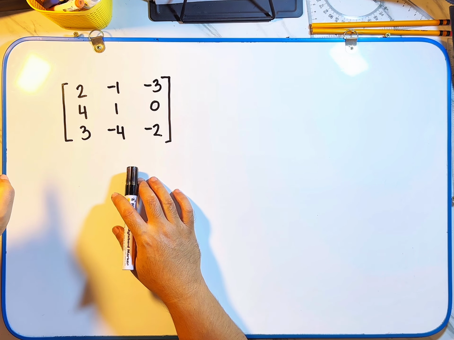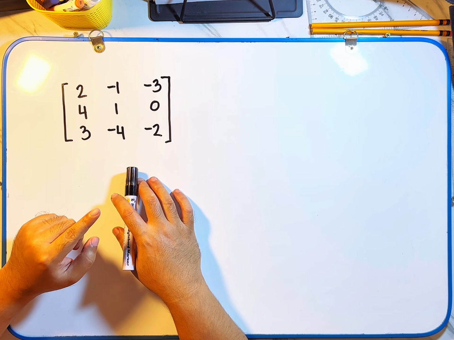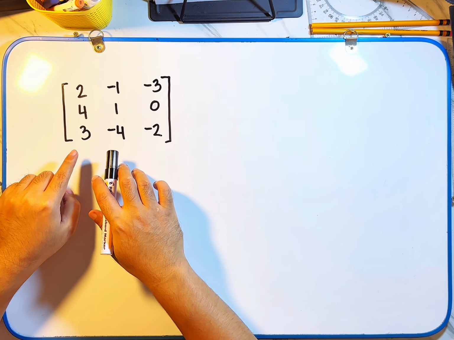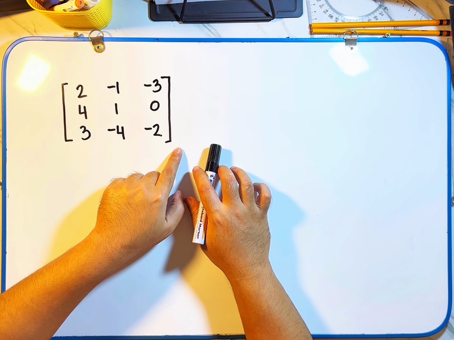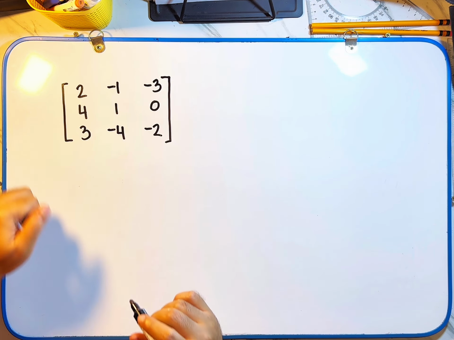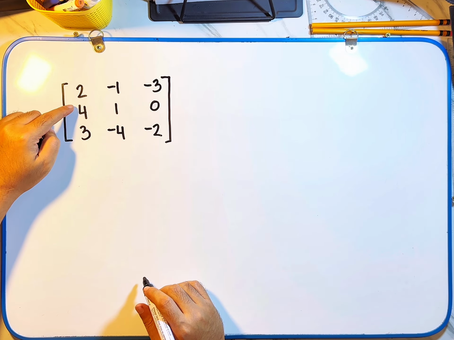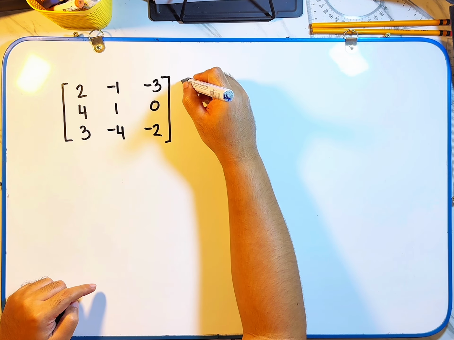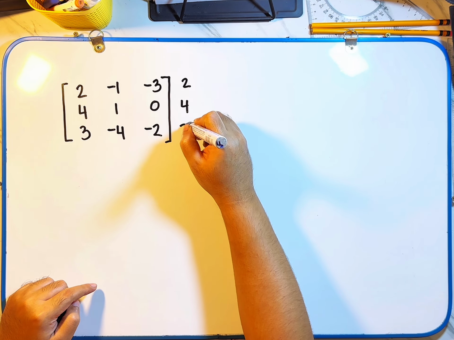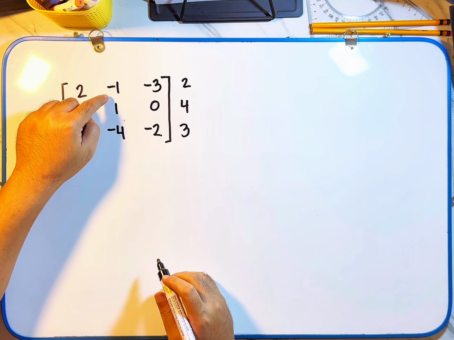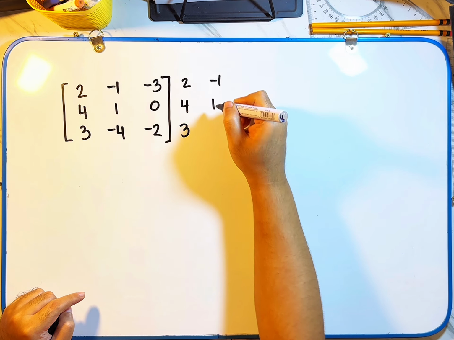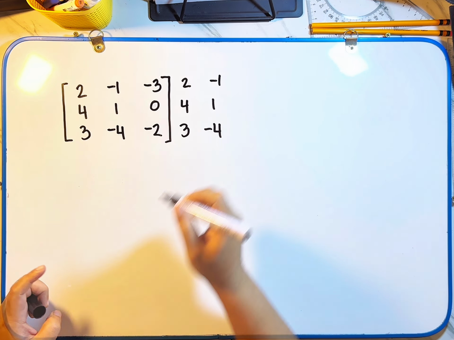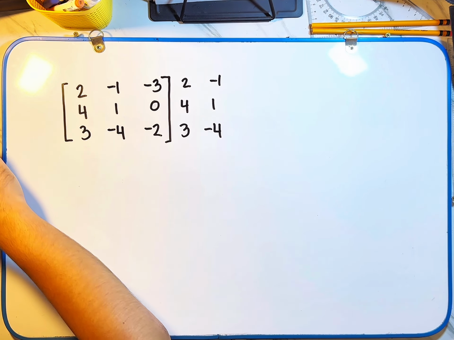Before we go to the basket method, there's one more step that you have to do, which is to copy the first two columns outside of the matrix to the right. The first column is 2, 4, 3. And the elements in the second column are negative 1, 1, and negative 4. Now we can perform the basket method.